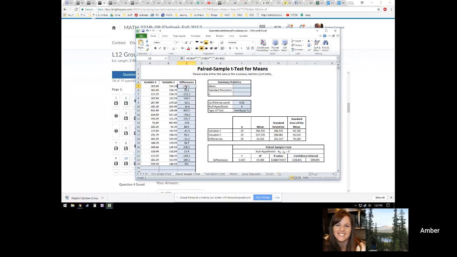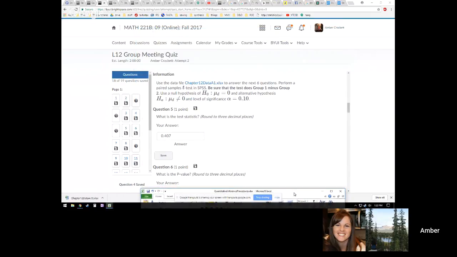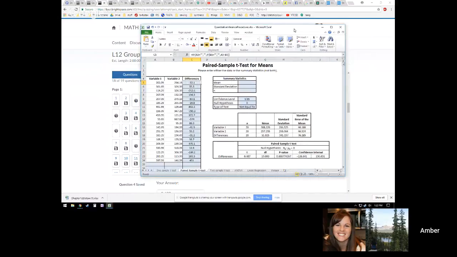Because the mean should be the differences, right? I think it should be the differences. I was trying to find the sum of all of column 1 and find the sum of all of column 2 is what I was trying to do.